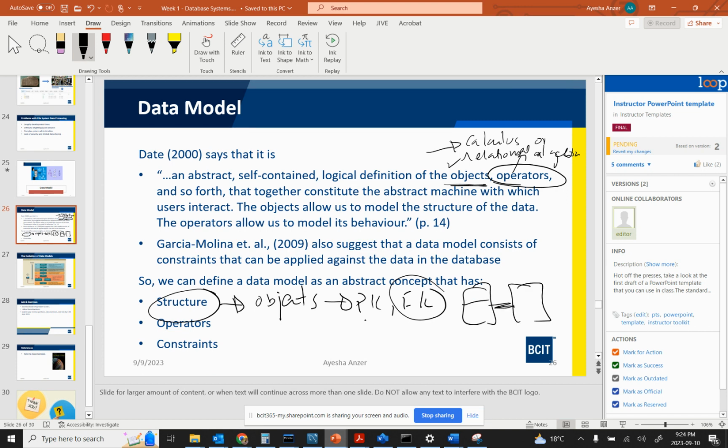In order to represent the relationship, we use a foreign key there. So the structure consists of a number of objects, and these objects consist of attributes and records.